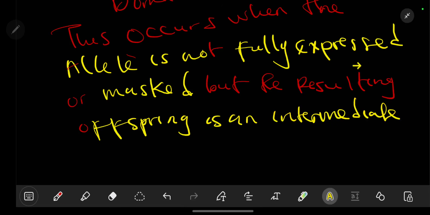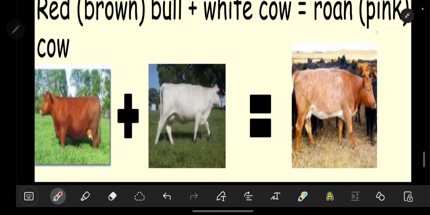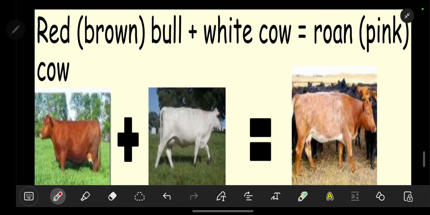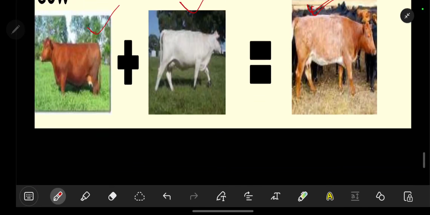So for example, we could have what we call the roan cow. So this is the roan cow. As you can see, we have the red or brown bull fusing with a white cow to produce an intermediate color which is pink. Neither of them is fully expressed, so that is what we refer to as incomplete dominance.